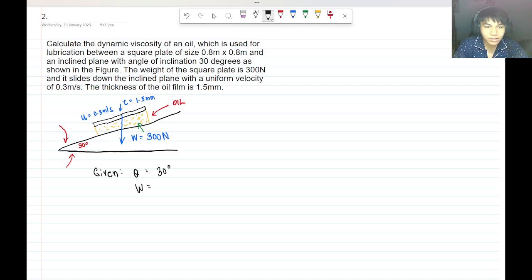You have the weight, 300 newtons. Will that be the force? We have a thickness, 1.5 millimeters. Plus we have velocity, and I guess we have an area.